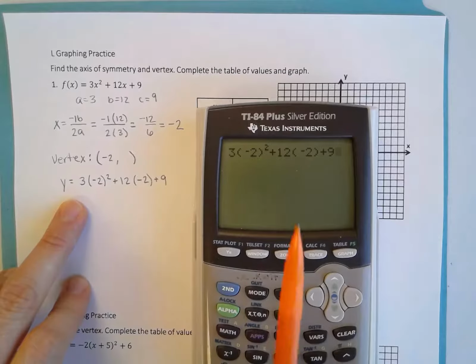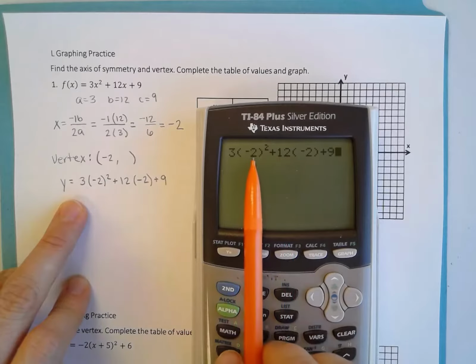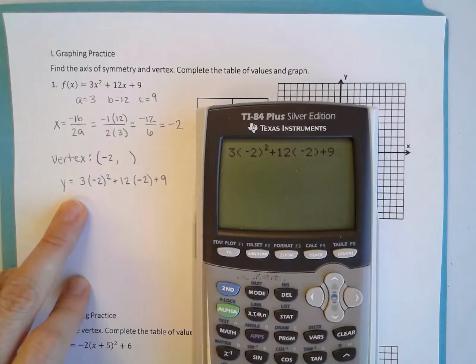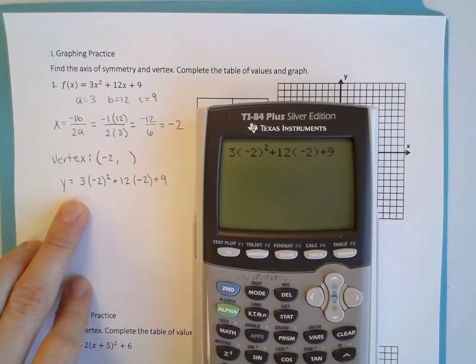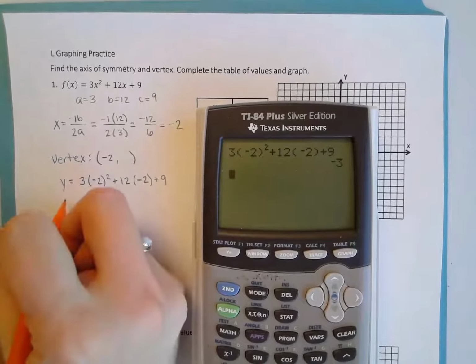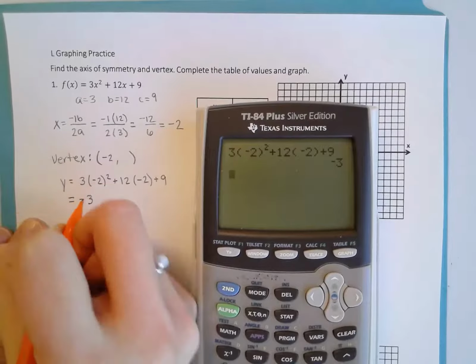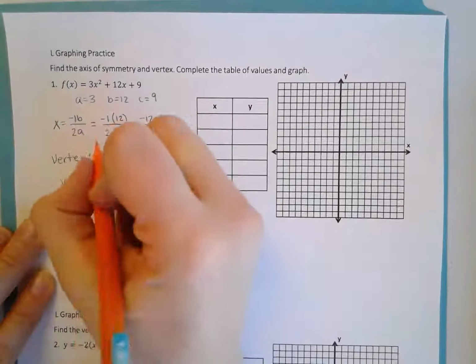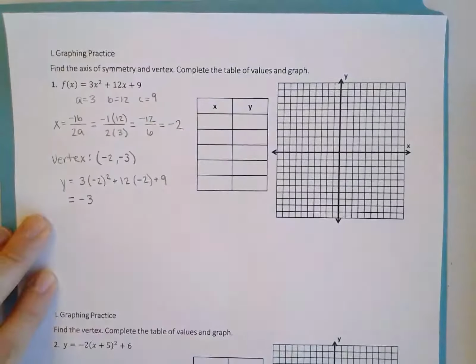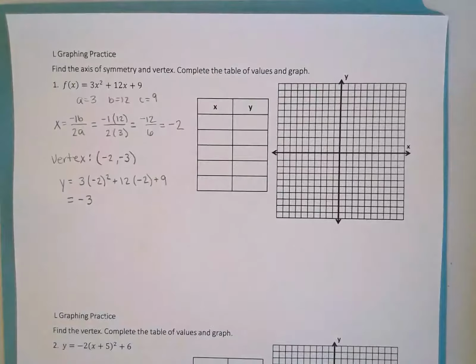Using parentheses around the negatives is very important. Without the parentheses around the negative and squaring, it will cause you to get a different answer. Our y value is negative 3. So the xy ordered pair for our vertex is negative 2, negative 3.